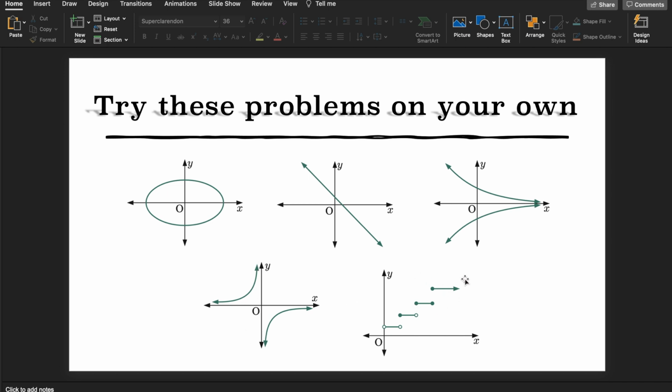This one was definitely slightly tricky because I haven't really explained these points. So basically an open circle means that the point is not included. A closed circle means that it is included. And the arrow means that it will continue in that direction.